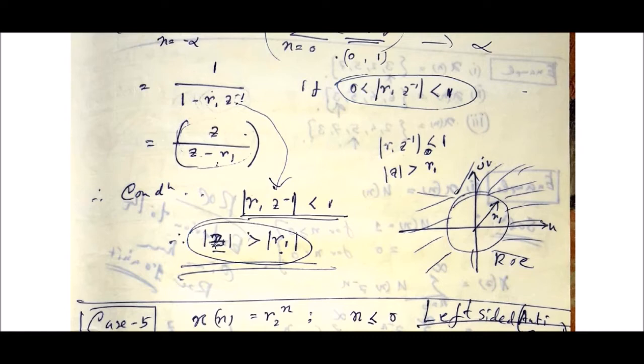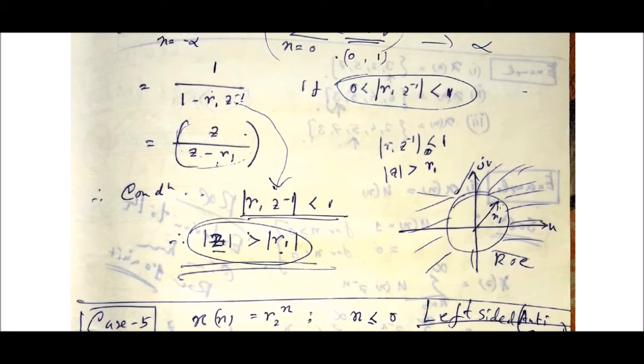If magnitude of z equals a constant, that is nothing but the equation of a circle. But if I say magnitude of z is greater than R1, that means it should represent a region.